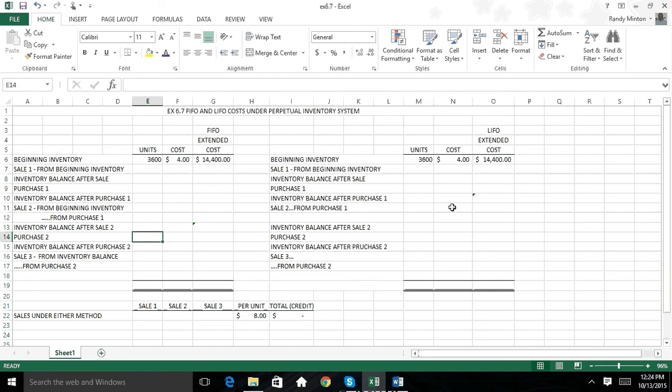Now, let me just say that what you're going to see as I walk through these examples is this spreadsheet doing a lot of independent calculation, and I had to go through and actually set up these calculations so that you could see the way that it works with normal software being employed.